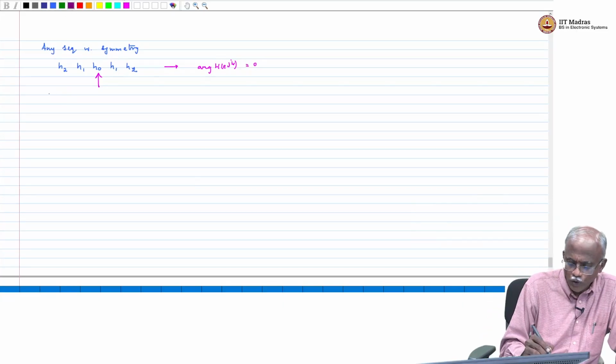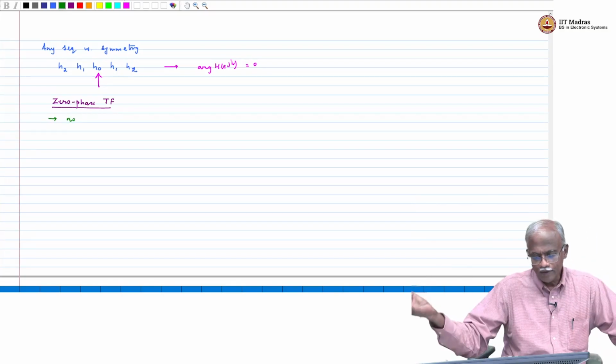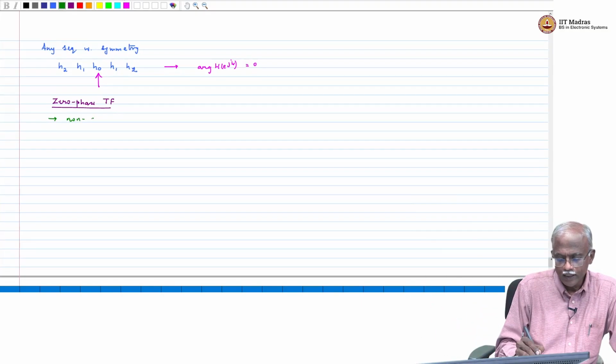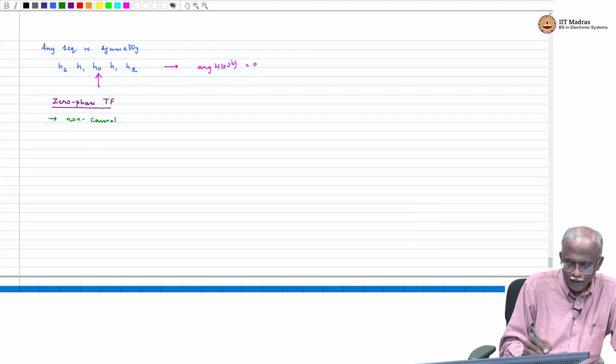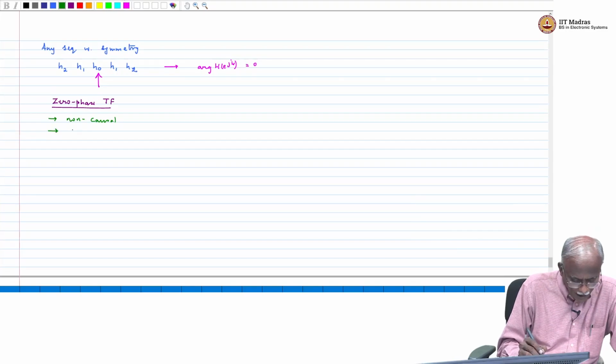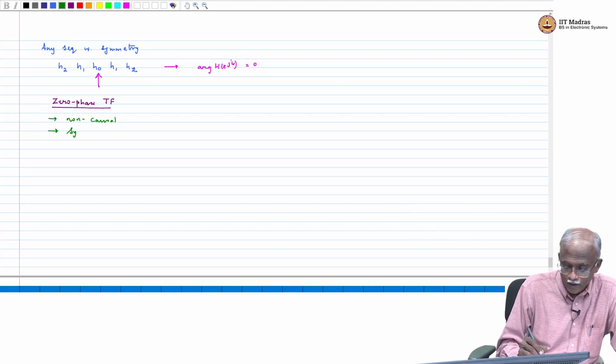So some points to note about zero phase transfer functions. Okay, they will be non-causal because they must have the symmetry. They will have either even symmetry or odd symmetry. It doesn't matter.